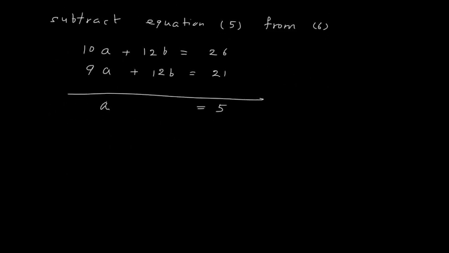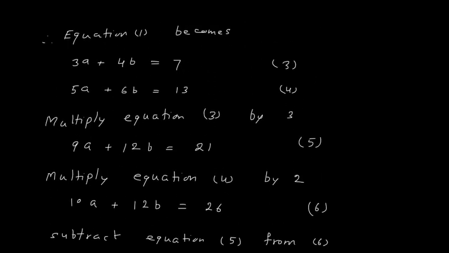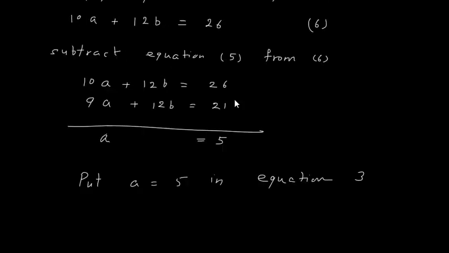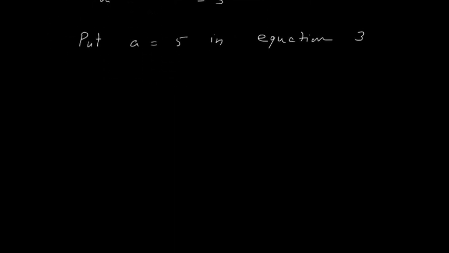Now put a is equals to 5 in equation. We can put in any of the equation. So let us put in equation 3. Equation number 3 is 3a plus 4b is equals to 7.